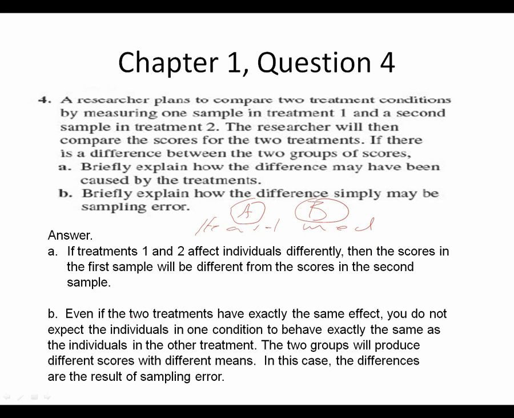And B, it's saying briefly explain how the differences simply may be sampling error. Well, let's say that we gave everybody in the two groups A. We're still going to get different means. Even if they have the same treatment, we're still going to get different means.